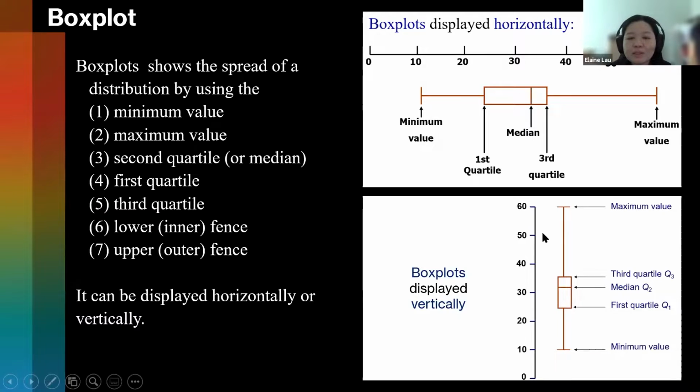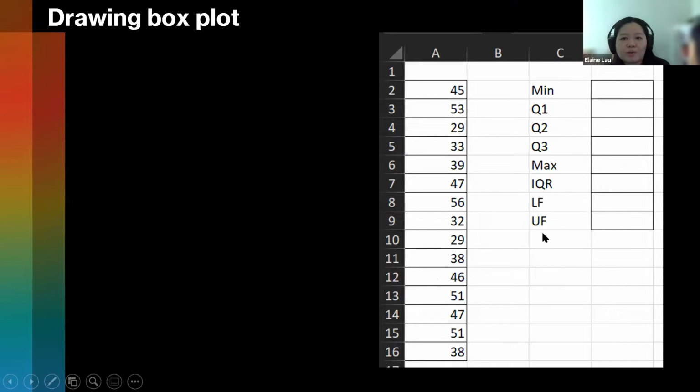Okay, so without further ado, we go to this Excel sheet for the box plot. You are given the set of data, and then we can find the minimum, maximum, and all the 5-number summary using the ready-made formula in Excel.